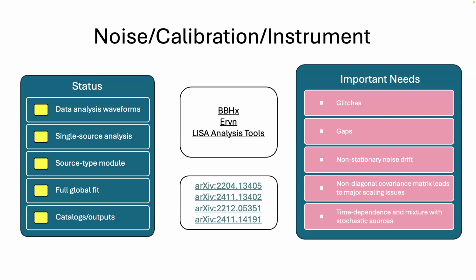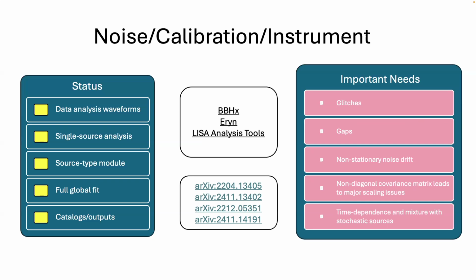Okay. The noise one I'll talk about very briefly, because as you'll see, it's all yellow. I put it all yellow because we do actually have an instance of this going through the entire pipeline in our current global fit outputs, but it's in stationary and Gaussian noise, which is not realistic at all for LISA.